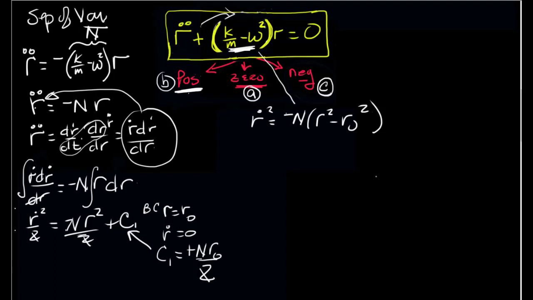And if we plug in this value for n, we get a final answer of r dot is the square root of minus k on m minus omega squared, times r squared minus r0 squared.